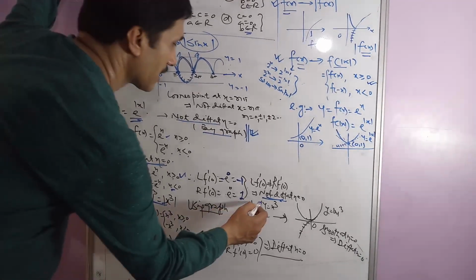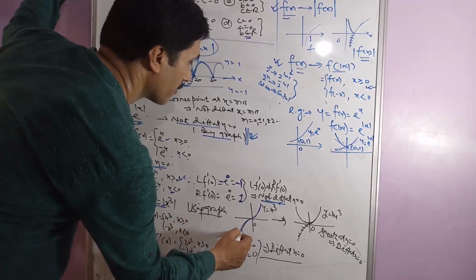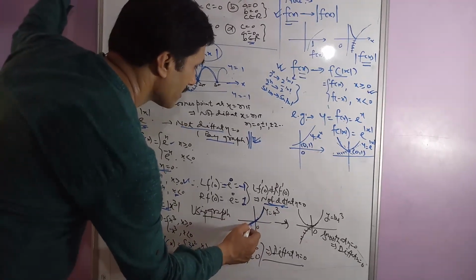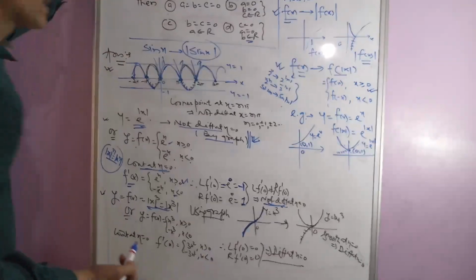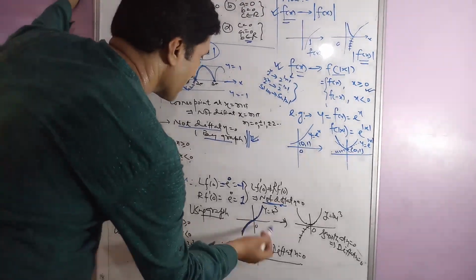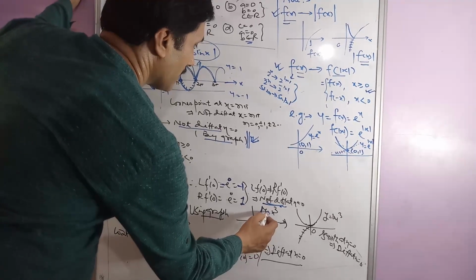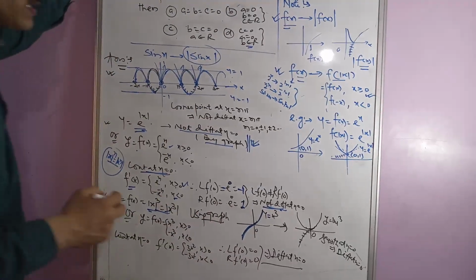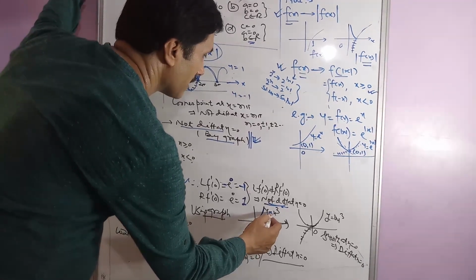Using the graph, this is the graph of y = x^3. In objective questions, we generally try to save time, to attempt more and more questions in limited time, so we prefer, if possible, to take help of the respective graph.